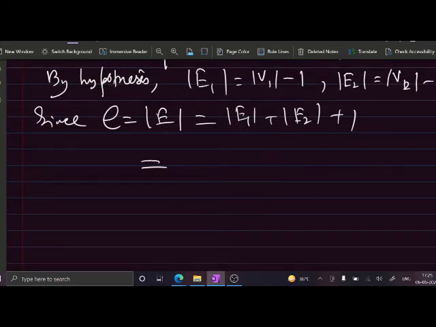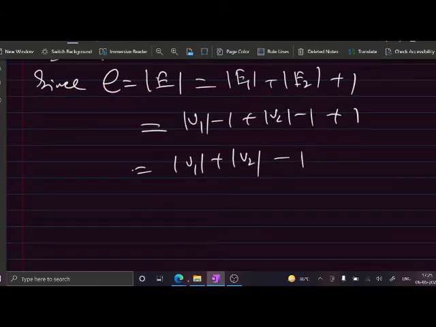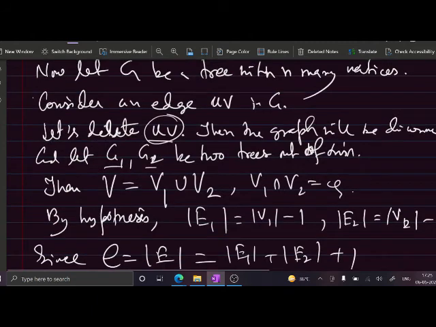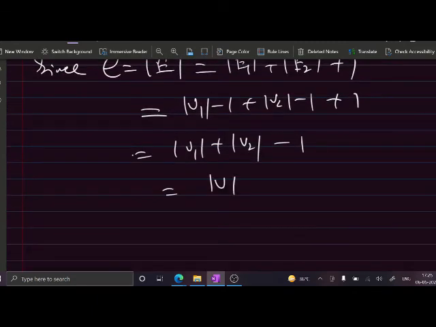So therefore it is mod V1 minus 1 plus mod V2 minus 1 plus 1, so it is mod V1 plus mod V2 minus 1. Now what is mod V1 plus mod V2? Since their intersection is phi, this is actually mod V. So this proves the necessary part.